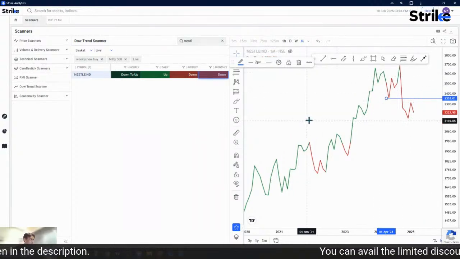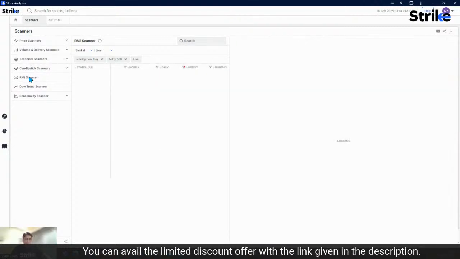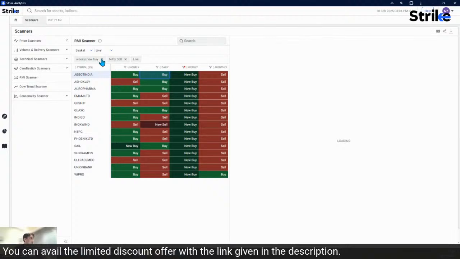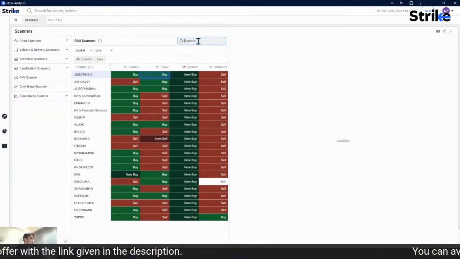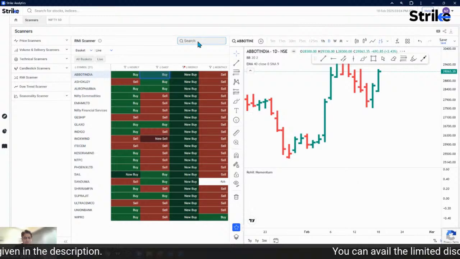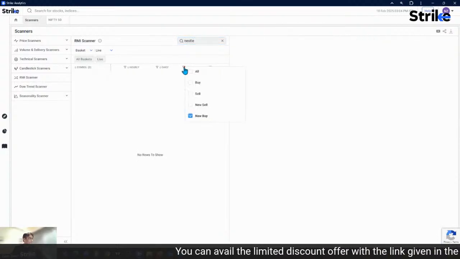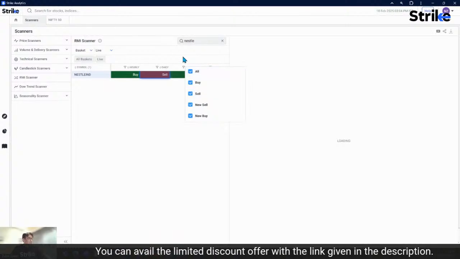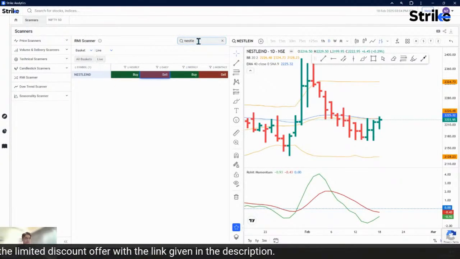All right, so this particular major bottom has been breached, and Nestle prices are unable to cross above this. Now what if we see Nestle on the RMI scanner? Make sure you clear all the filters before you search for one particular stock over here.